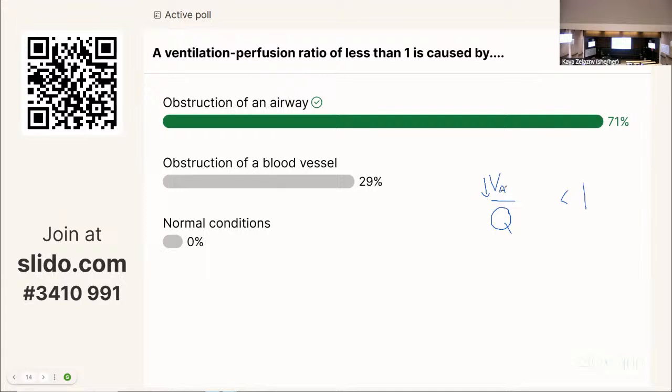So this is going to be caused by problems with our airflow. Probably some kind of obstruction in your airway, whether that's an asthma attack narrowing your airway, something to do with resistance, or actually getting something physically stuck in the airway.